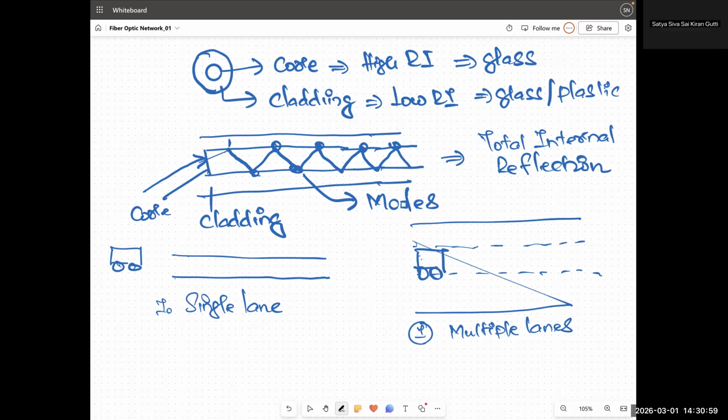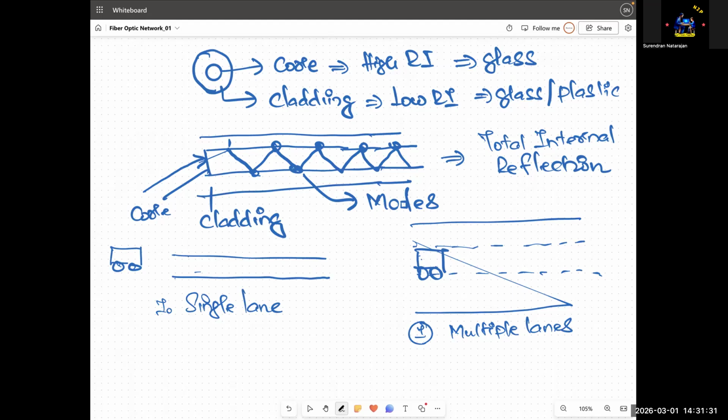The bus cannot move in the single lane. You have to follow the same lane until the end. But here you can change lanes: if there is someone in front of you, you can change the lane and overtake them.